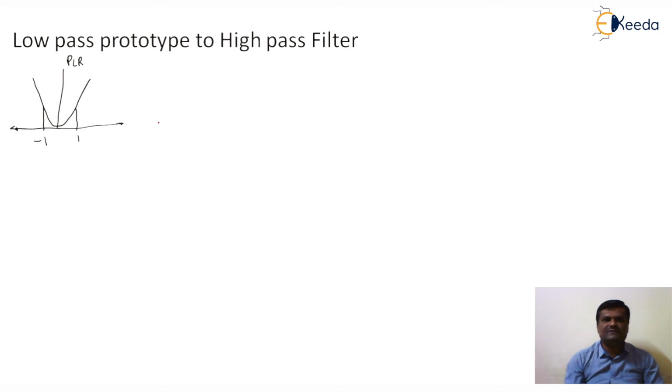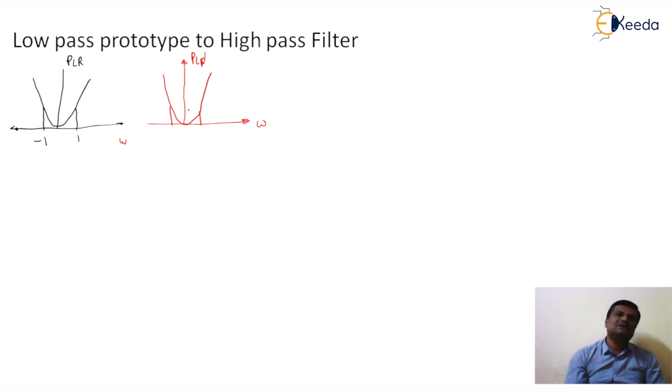We have studied this in the previous part. So PLR dash versus omega. If you draw the response, this is the response of the low pass filter, with edges at omega c and minus omega c.